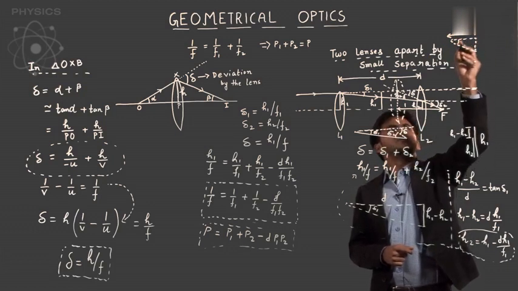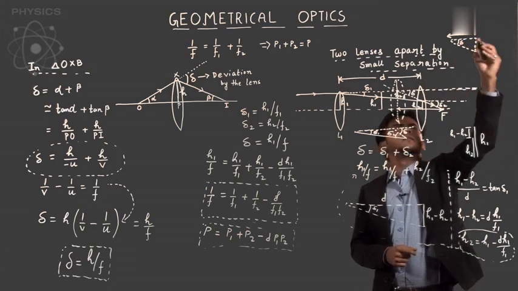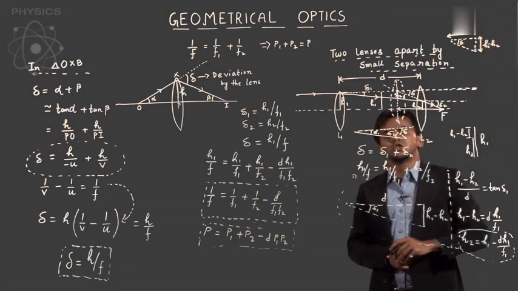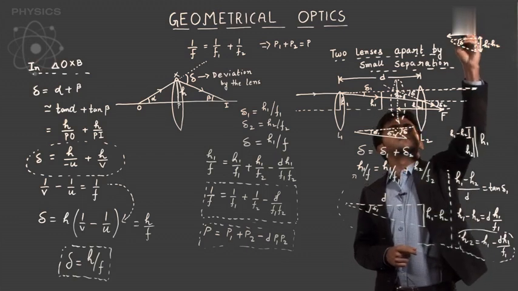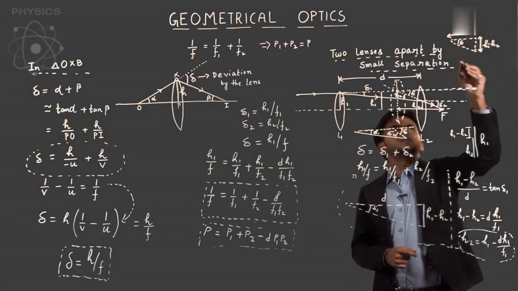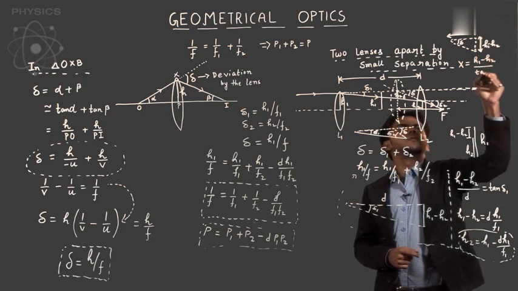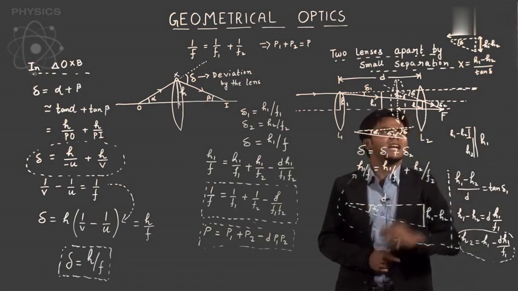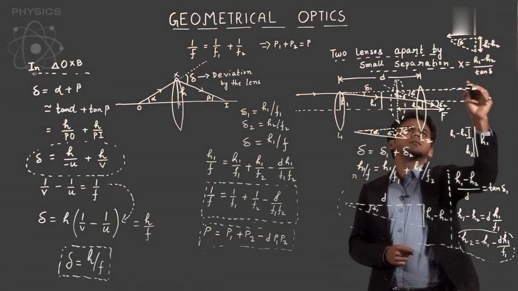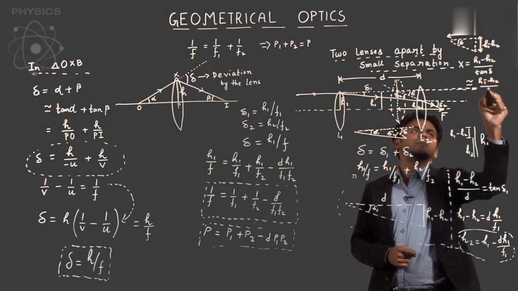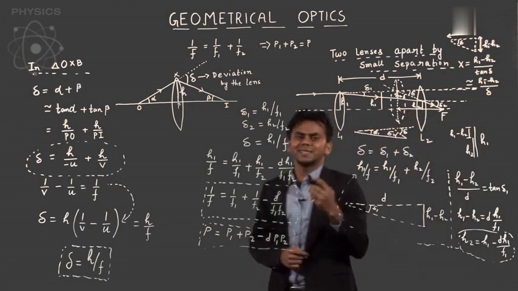This angle is your delta, and this side is your h1 minus h2. This is what we are after, x. So this x over here would be simply h1 minus h2 by tan delta, and if you approximate, this would be equal to h1 minus h2 by delta, because the angles are small.